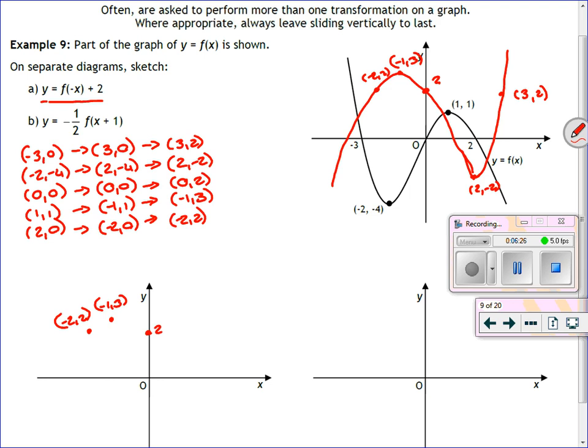We have 2, minus 2 is a point here. And we have 3, 2 is a point here. So again, that's a graph that looks something like so.